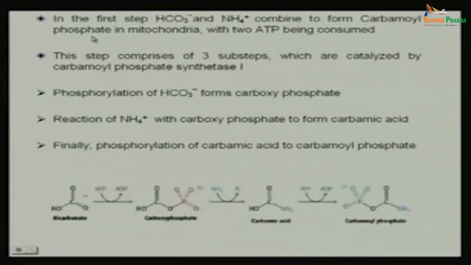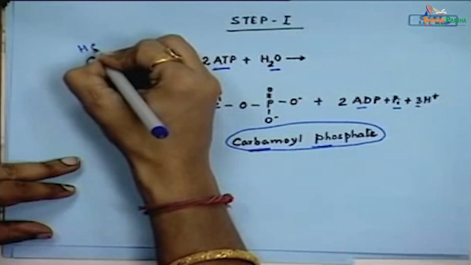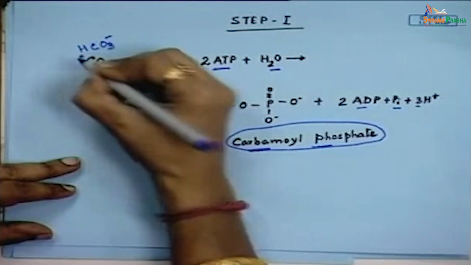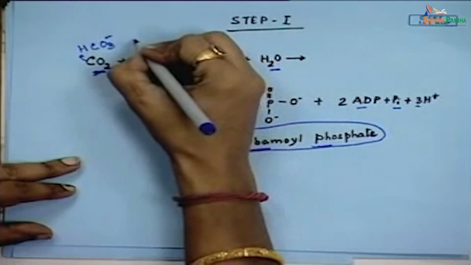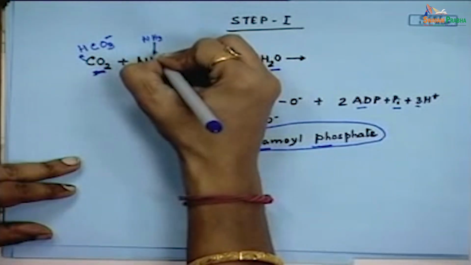We have already learned this carbamoyl phosphate formation, where this bicarbonate, that is HCO3 minus, is contributed by carbon dioxide, and the ammonium ion is coming from ammonia.